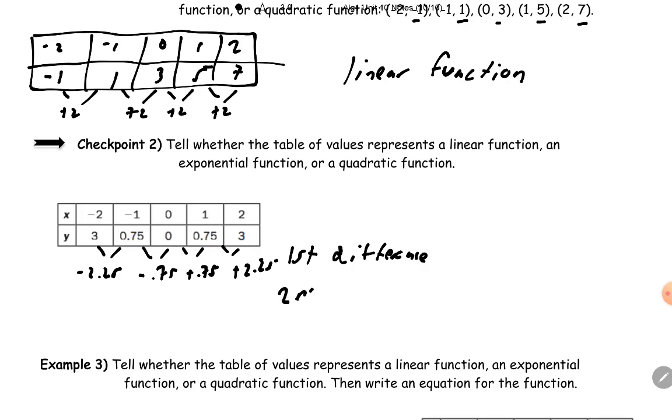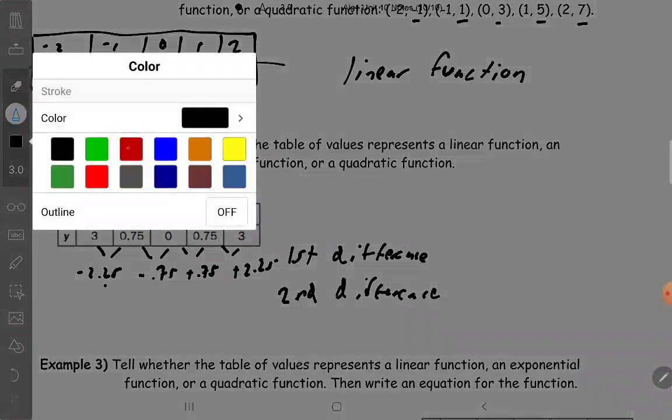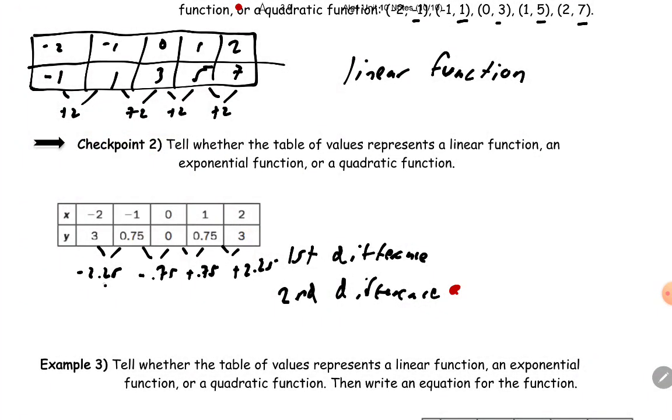To show that it's a quadratic, the second differences have to be the same. So you take these two values, and let's use a different color. The difference between -2.25 and -0.75 is a positive 1.5 difference. From -0.75 to positive 0.75, we need to add 1.5, and then same thing. So because all the second differences are the same, this is a quadratic function.